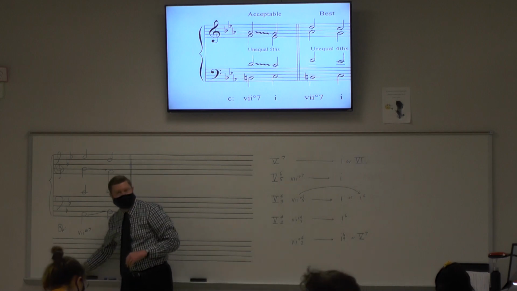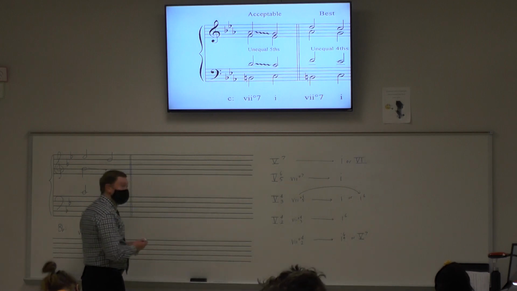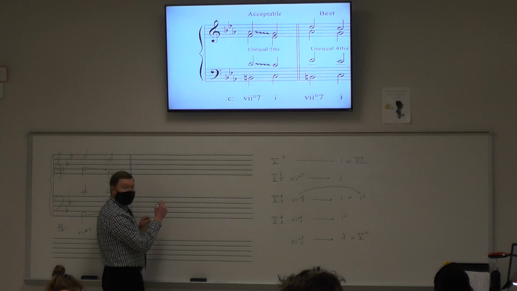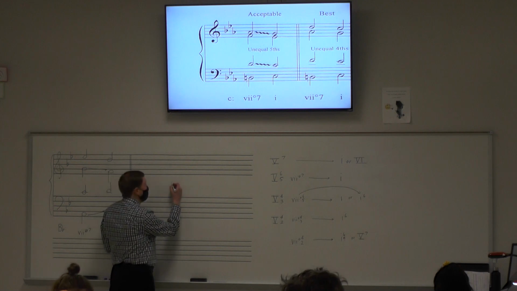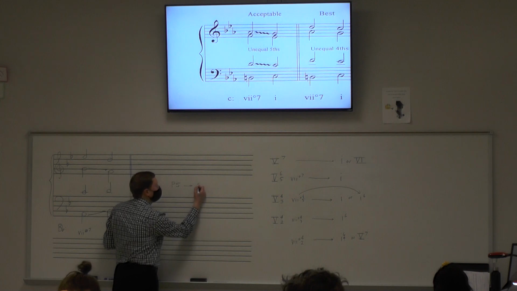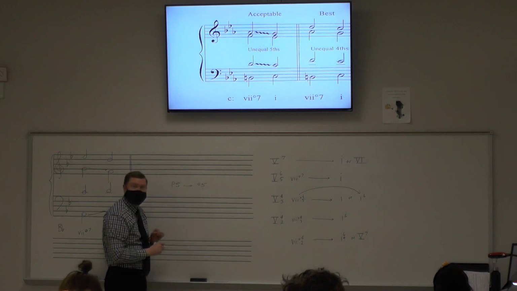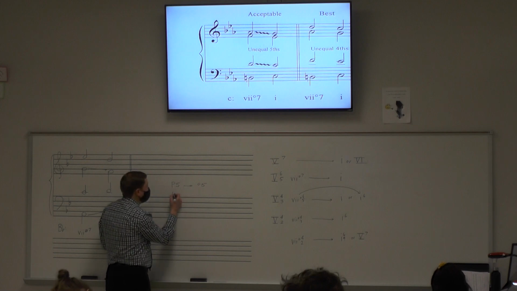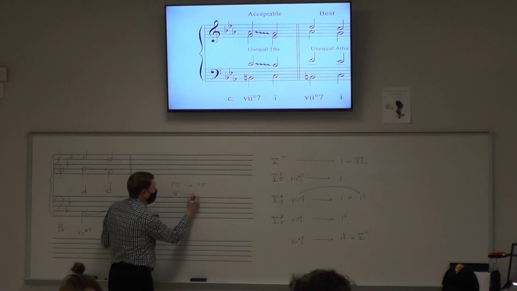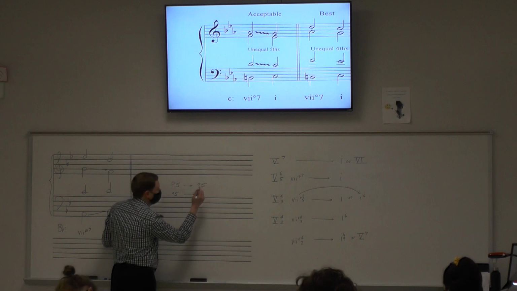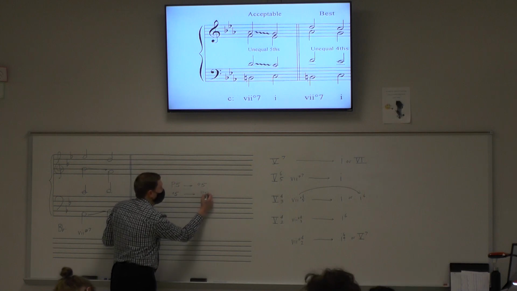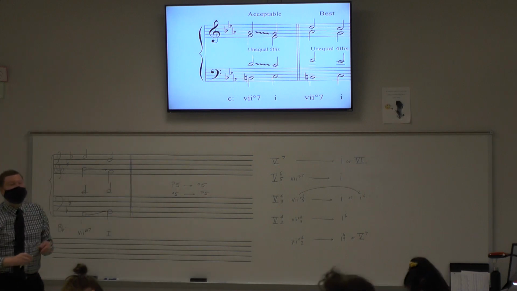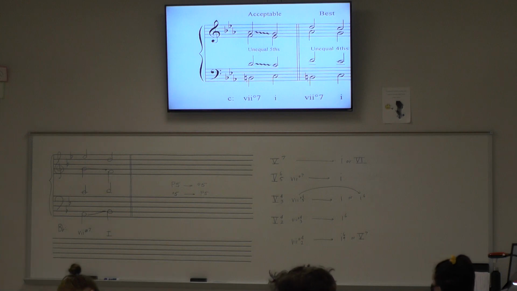What did we talk about? An unequal fifth in part writing is when two voices form a perfect fifth, and those same two voices then move to a diminished fifth. Or the reverse. Say you have two voices that form a diminished fifth, and when they move in parallel or semi-parallel motion, they wind up forming a perfect fifth. That's what unequal fifths are called.